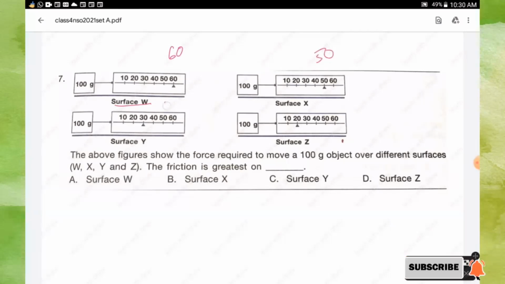In surface Y, it is 30. And here, 20. We all know the more the force, the greater the friction, right? So where the greatest friction is produced, there more force is required to move the object on that surface. Here, in surface W, they have applied 60 force.